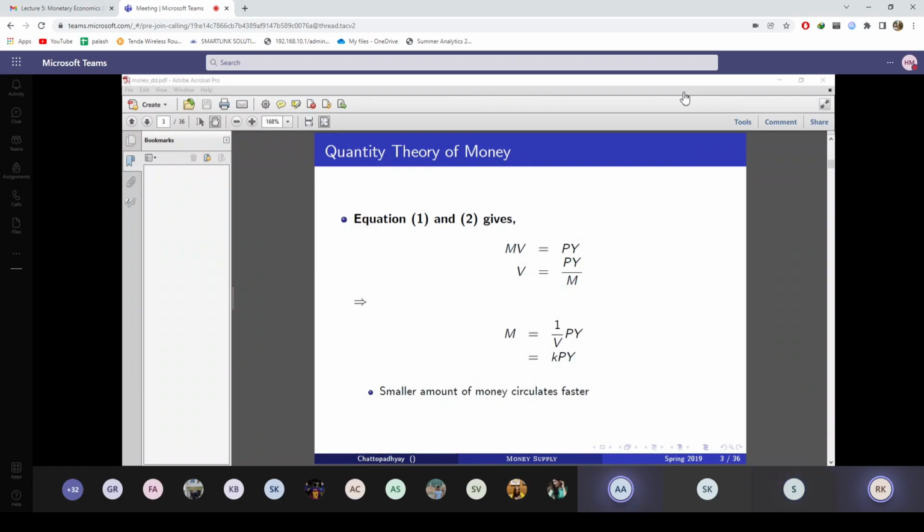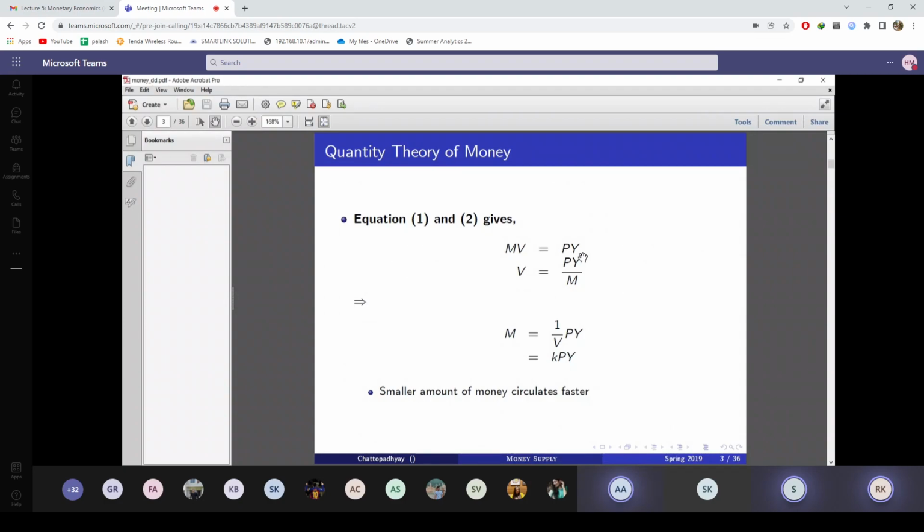Capital P, the price level of the economy, CPI. What does this Y represent? Income or output. In economic terminology, it is GDP. Is it nominal GDP or real GDP? Real GDP.